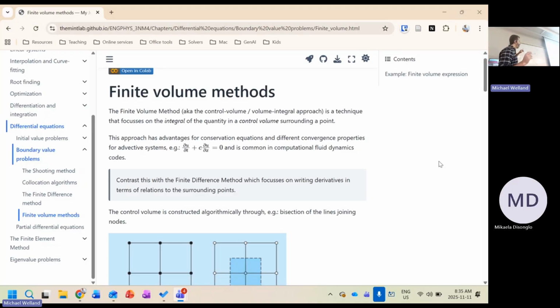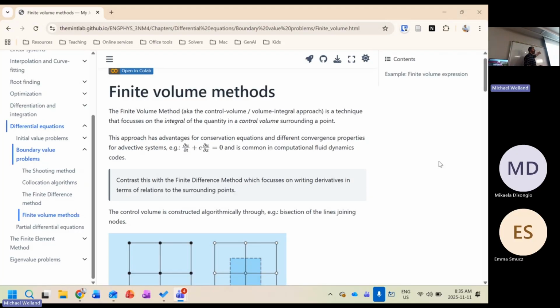The way finite volume works is instead of focusing on the derivatives here and getting the derivatives through finite difference, it's going to focus on the divergence of a something. Okay, what this is doing, it's going to jump into control volumes. So if you remember control volumes from thermodynamics, mechanics, all that fun stuff, that's what finite volume is really leveraged for.